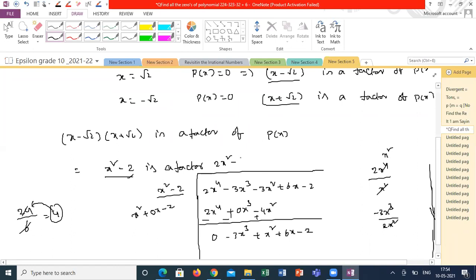Minus 3x. Minus 3x cube plus 0x square, minus of minus plus 6x, minus 2.